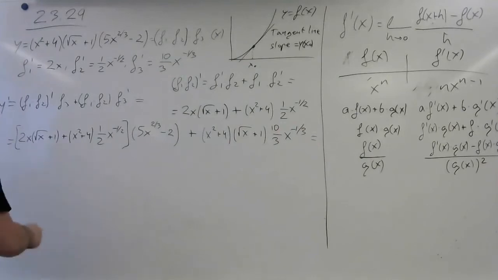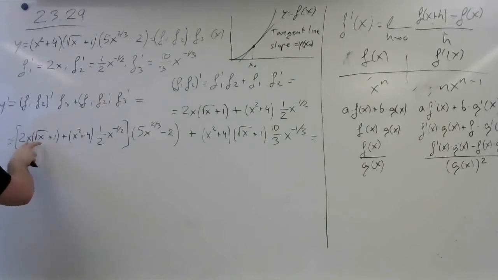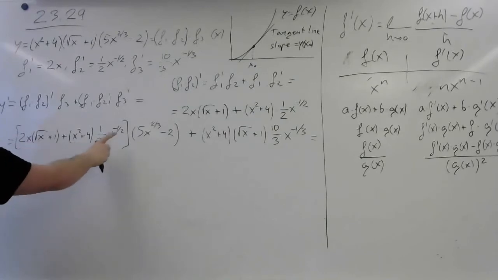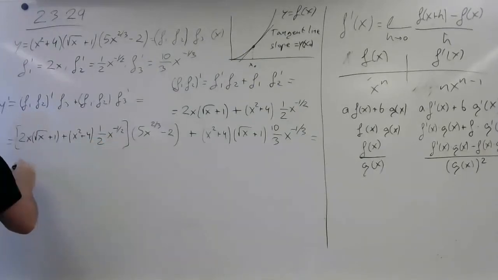Now is where the magic should happen. We look here. We want to shrink this a little bit, and we observe here that x times square root of x is x to the power 3/2, and x squared times x to the power minus 1/2 is x to the power 3/2. So we can put these two terms together.